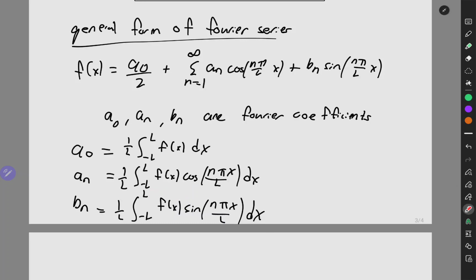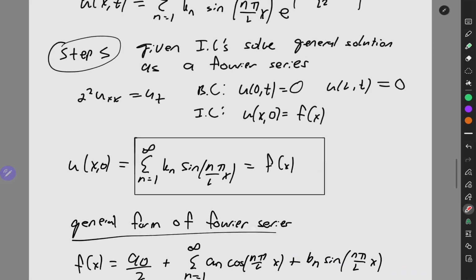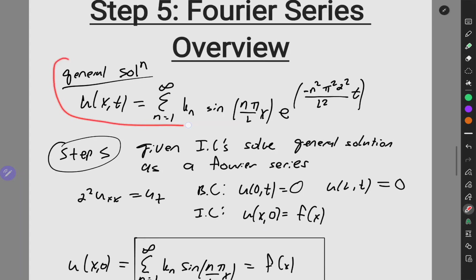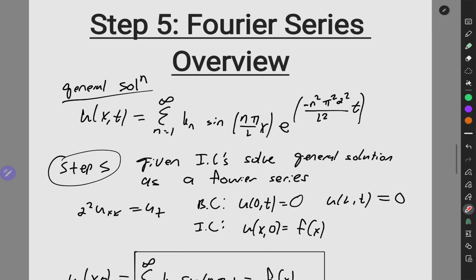Once you get b sub n, you go back up to your general solution, which is right here, and you just plug in your coefficient, and that's your solution. So you use the initial condition to get the constant.